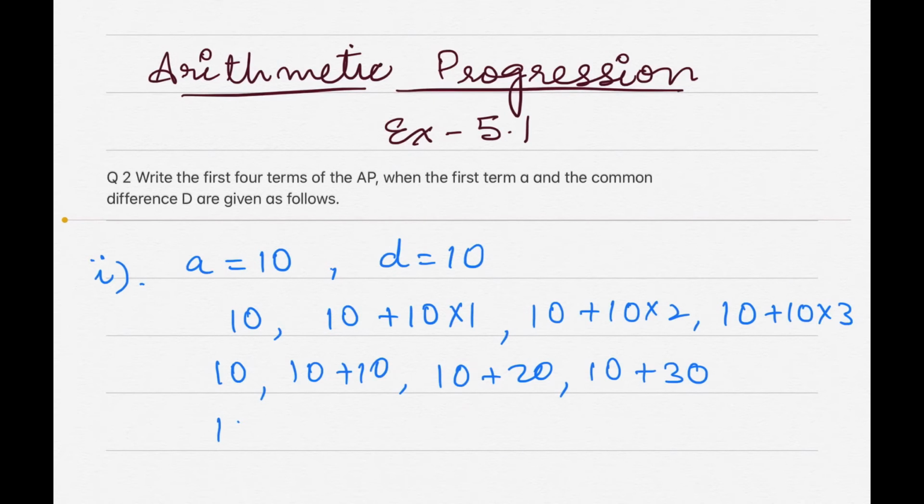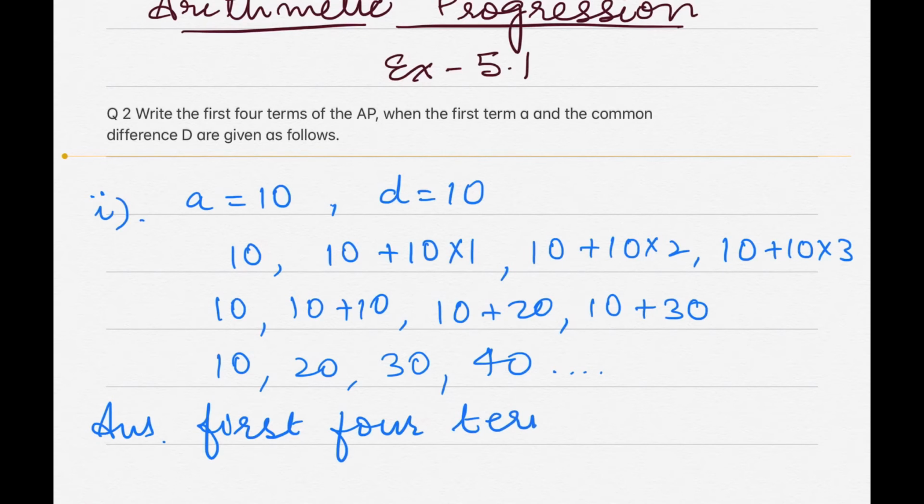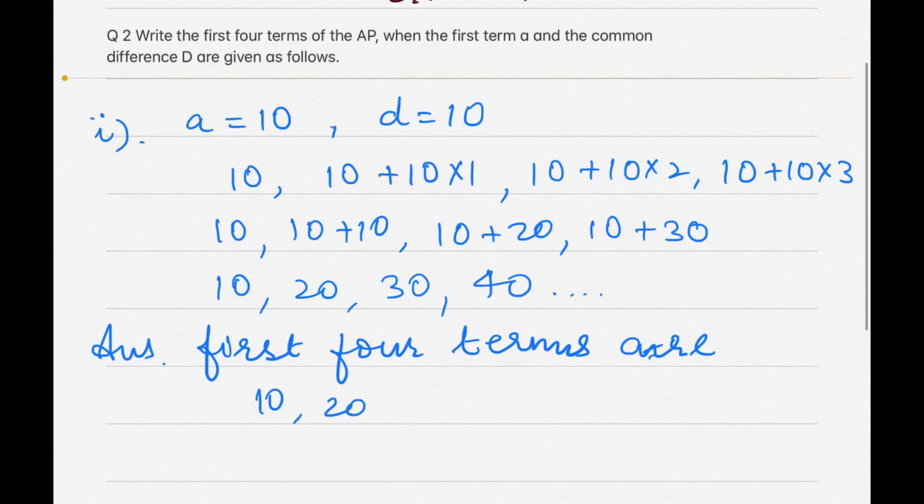So 10, 20, 30 and 40 and so on. These are the first four terms. So the answer: the first four terms are 10, 20, 30 and 40.